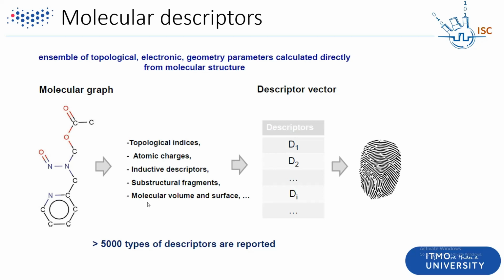The atomic charges as descriptors, and how the molecule is partitioned, and how the molecule is going through the lipid membranes, and how the molecule is charged in different solvents, and how you can use them to optimize the solubility of the molecule. There are various different descriptors at this point.